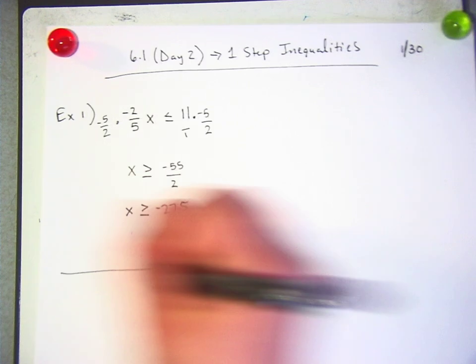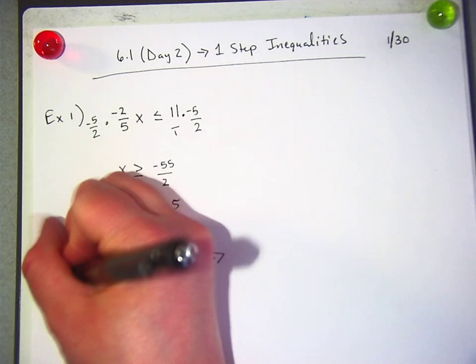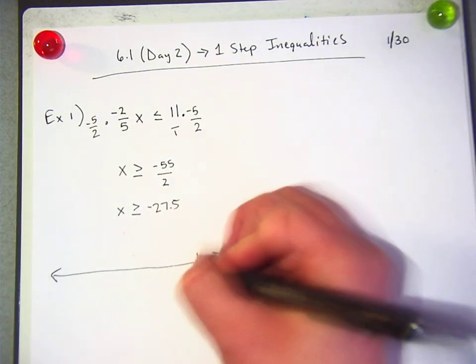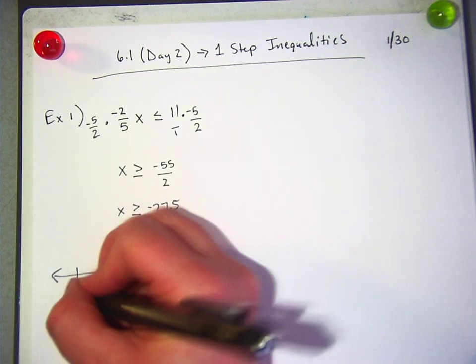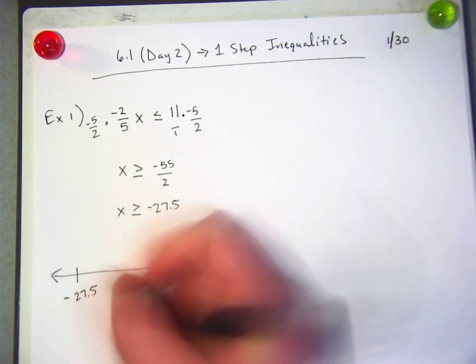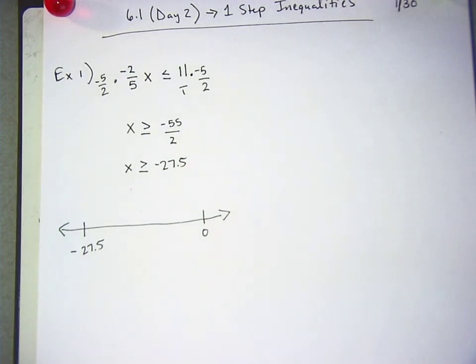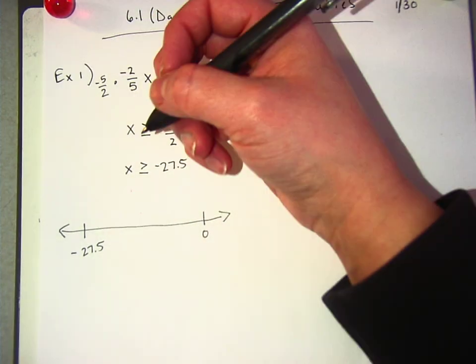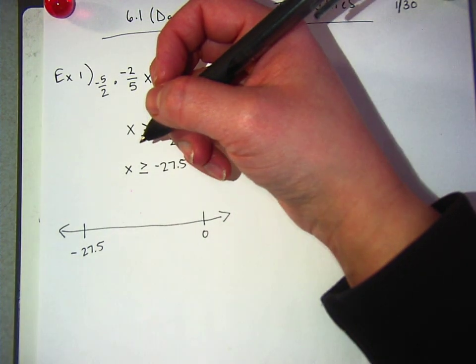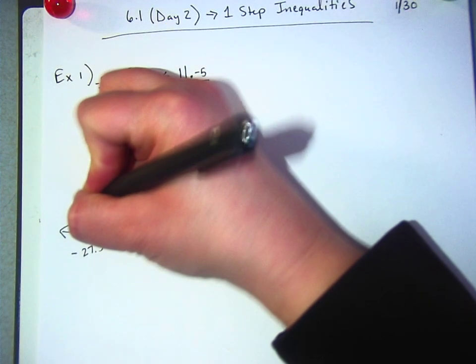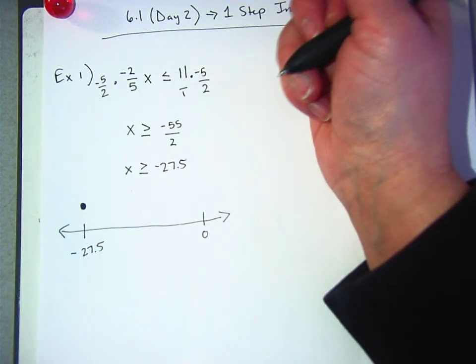All right, number line. Here's 0. Why am I putting the -27.5 on the left instead of on the right on the number line? Because it's a negative number. Should it be open or closed? Closed. And should I draw my arrow to the left or to the right?